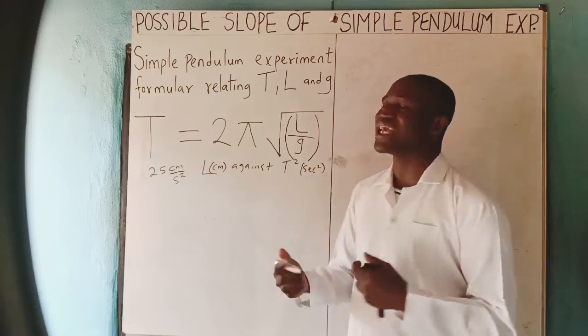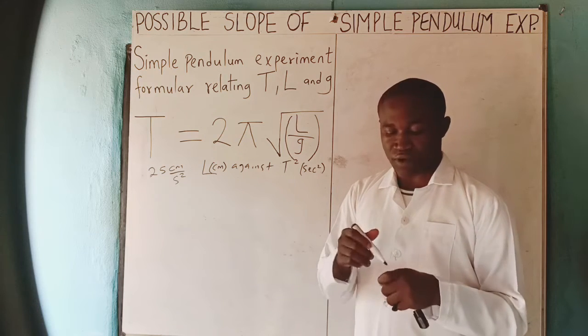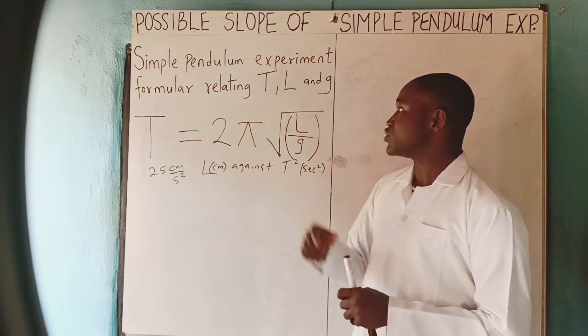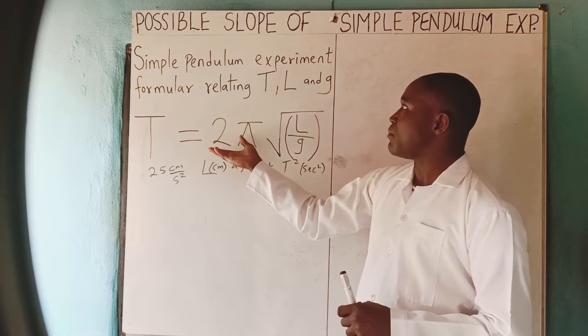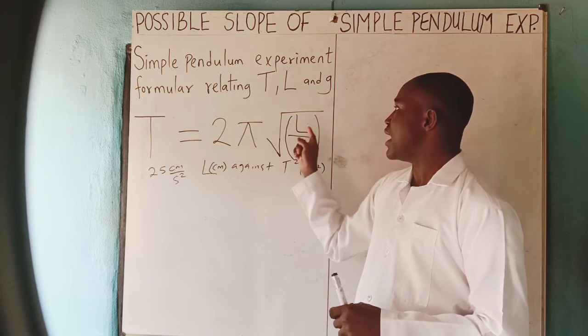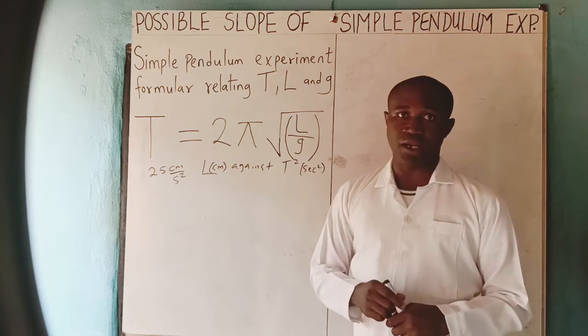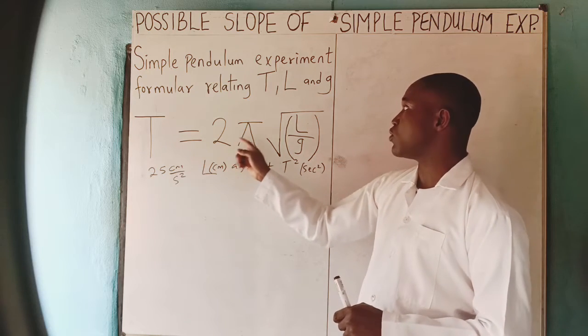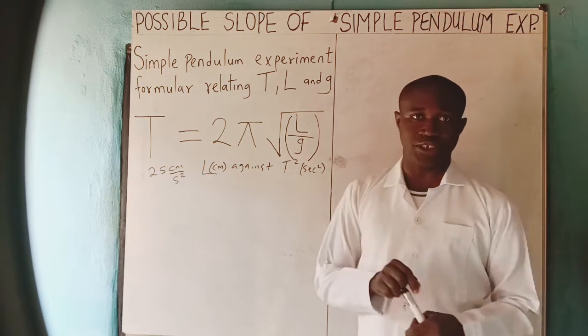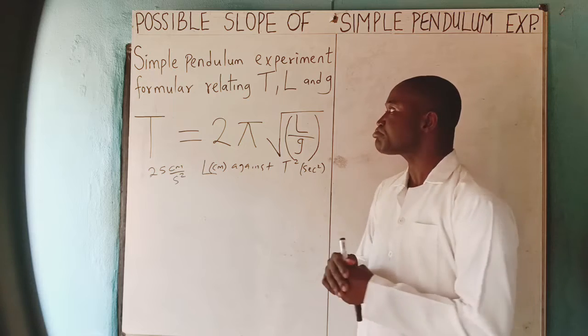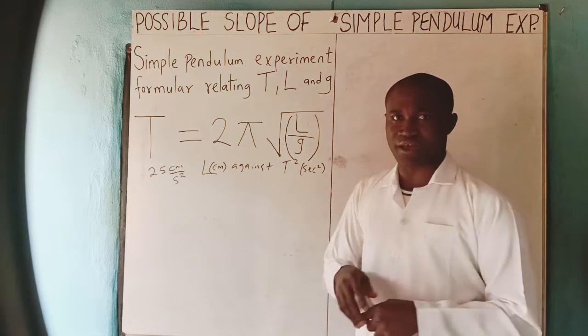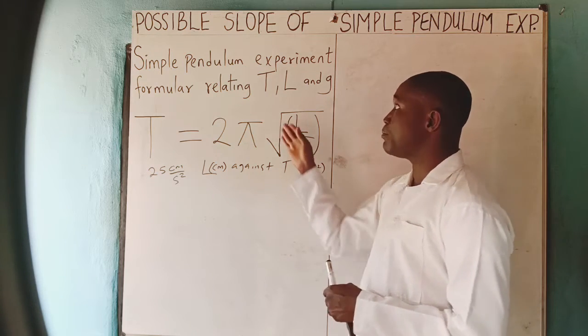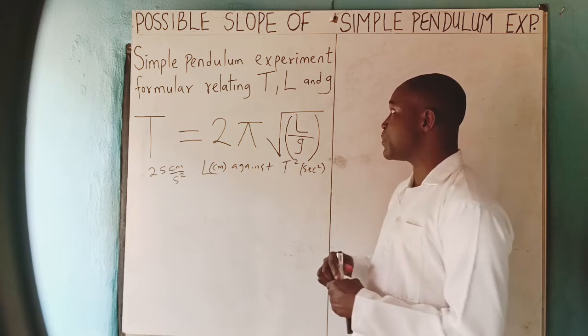We want to now see how you can know if you are correct from the slope you got. Okay? And so look at the formula relating T, L, and G in simple pendulum. That is T equals 2 pi root L over G. Understood? There are two possible graphs one can be asked to plot in simple pendulum experiment.